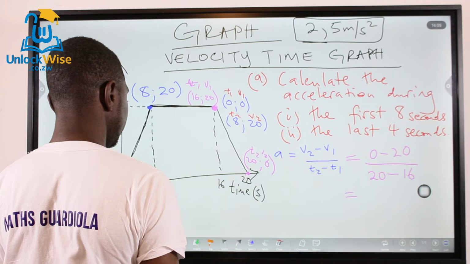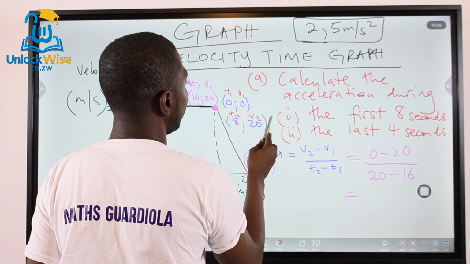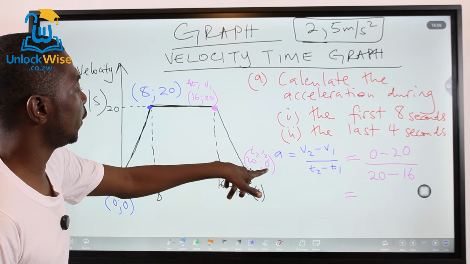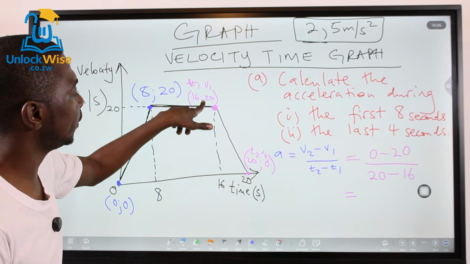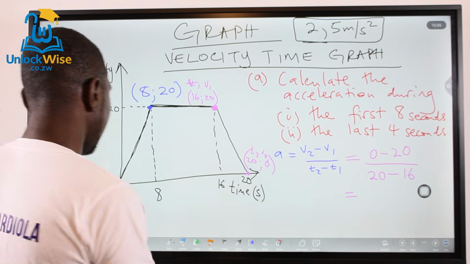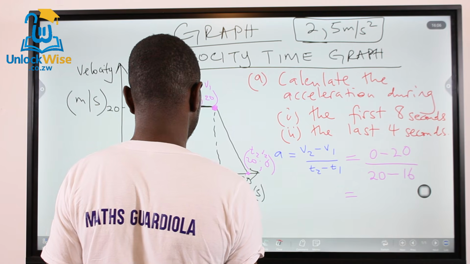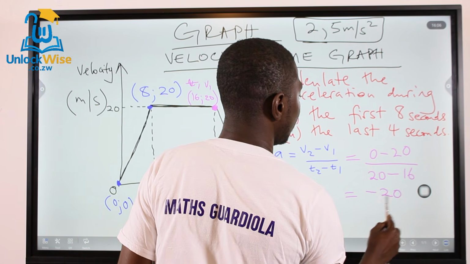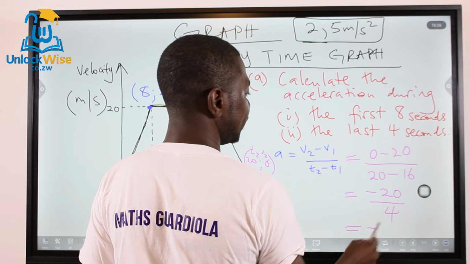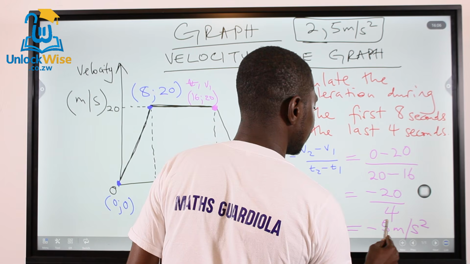From here, let me remove this so that we won't have confusion. So V2 minus V1 over T2 minus T1, right? That's what I have here. And this will give me minus 20 over 4. And this will give me minus 5 meters per square second.